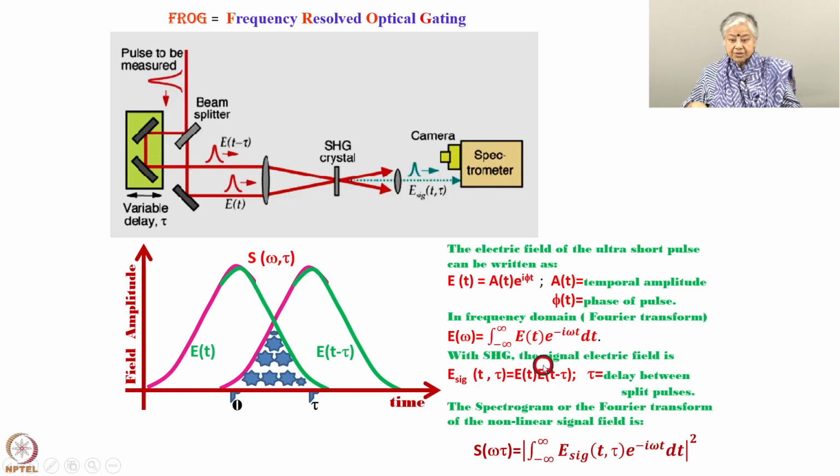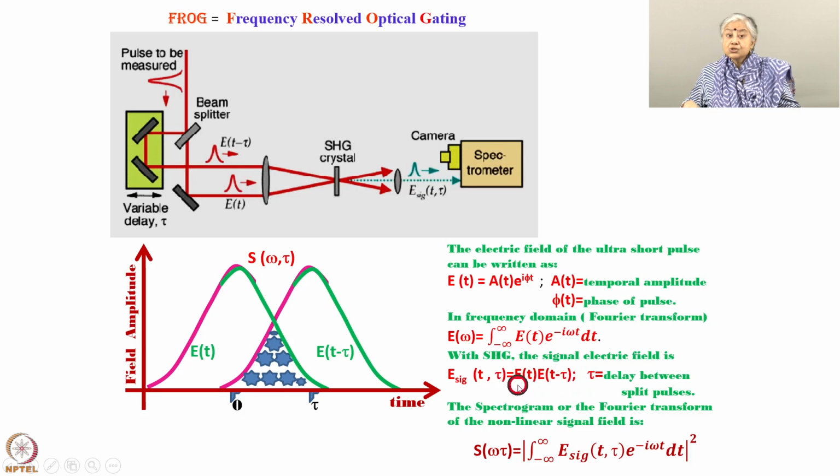With second harmonic generation, the signal electric field is E signal, that is the final signal which you are analyzing, that is why it is called E signal (t, tau). That means the signal of the second harmonic generation depends on tau, the delay, and depends on the actual time. Just like before. Now, this is the convolution or the correlation, these two are correlated.